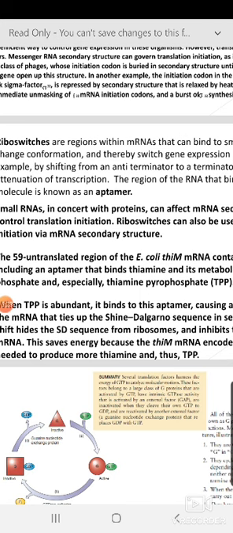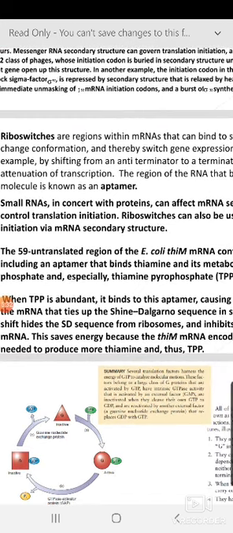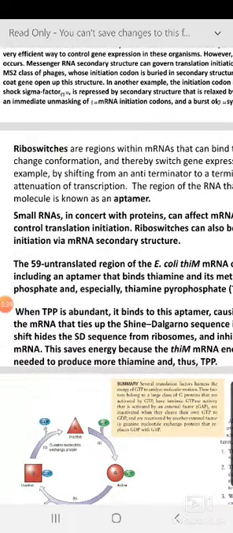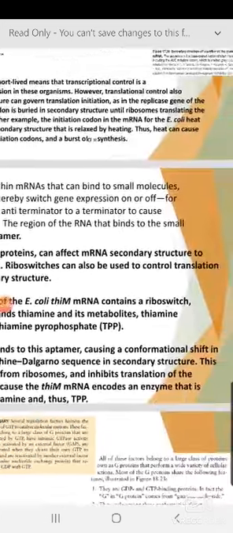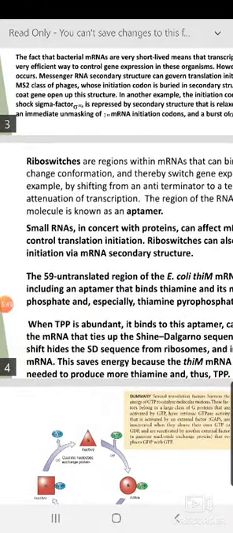That region is called the aptamer. Small RNA in concert with proteins can affect mRNA secondary structure to control translation initiation. Riboswitches can also be used to control translation initiation via mRNA secondary structure.